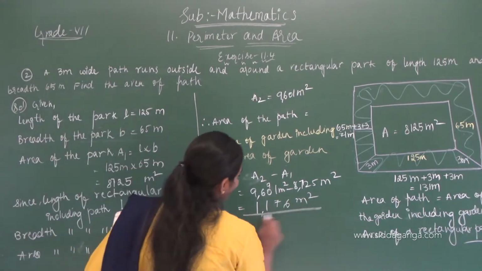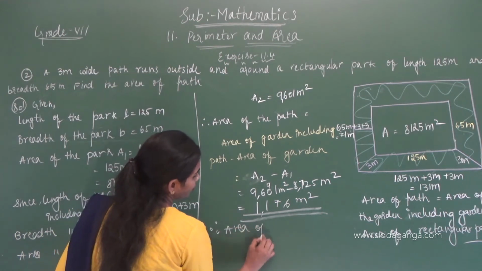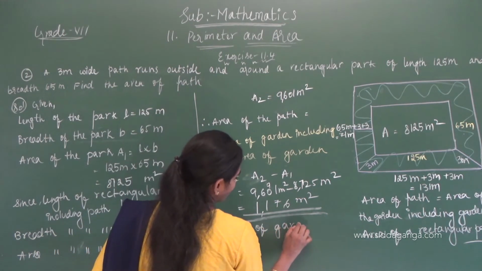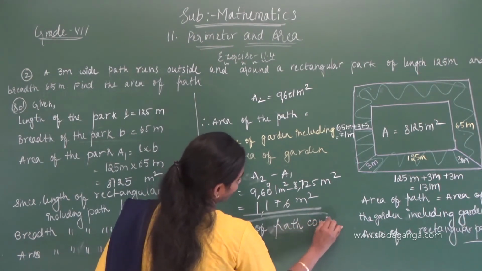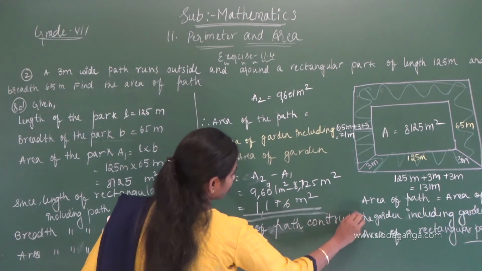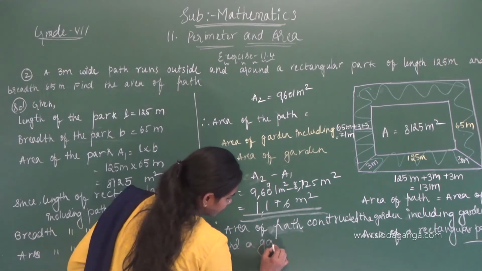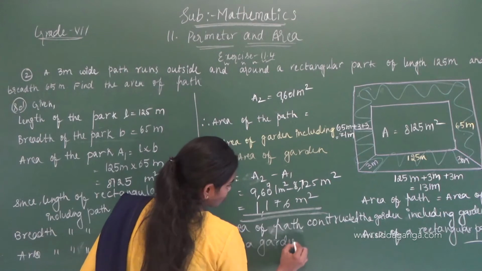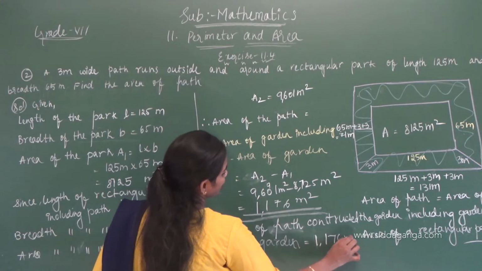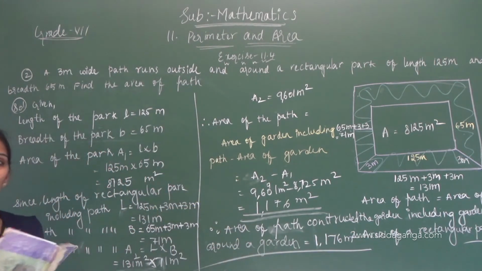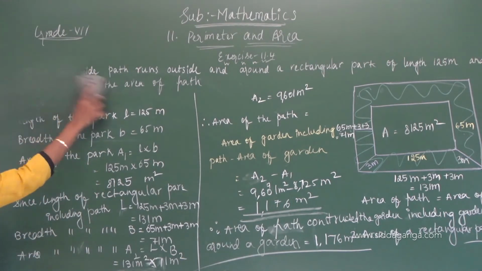Therefore, the area of the path constructed around a garden equals 1176 meters square. Just move on to the next question, children.